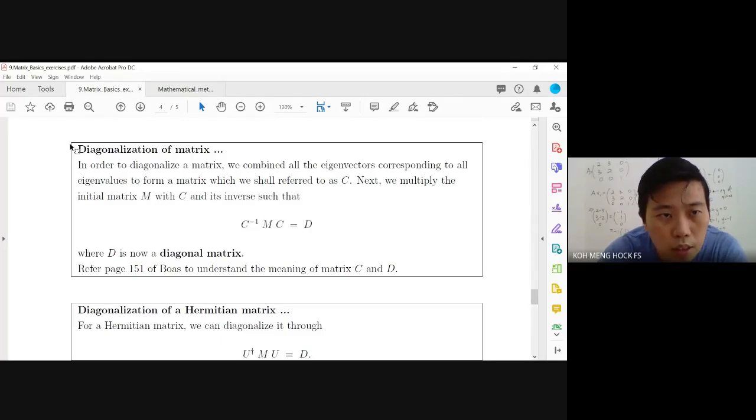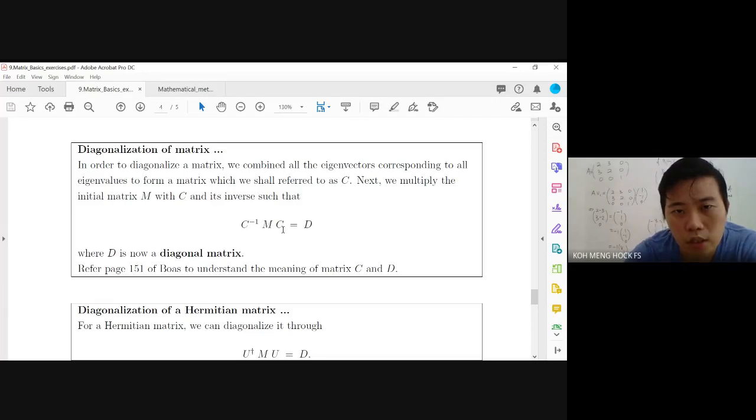And then, let me just mention here in this box, diagonalization of matrix. So here, this matrix C and D, C is a square matrix, D is also a square matrix. And if you look at the book by Boas, Mathematical Methods by Boas, page 151, they actually describe what is the meaning of this matrix C and D. So this is kind of like a rotation.